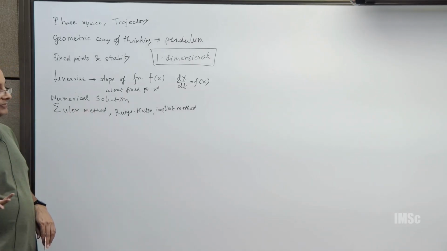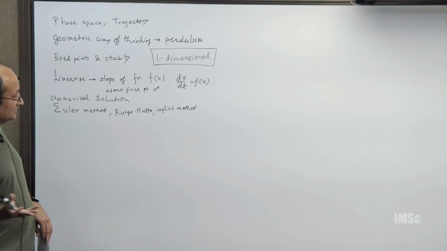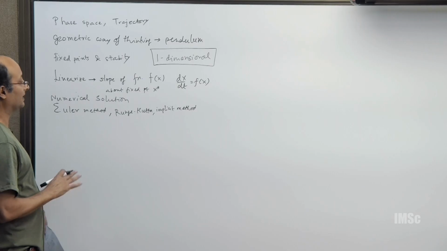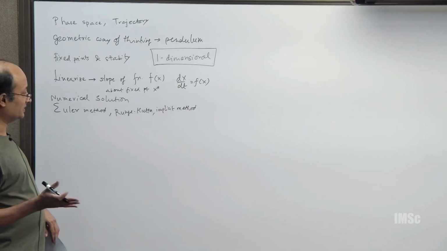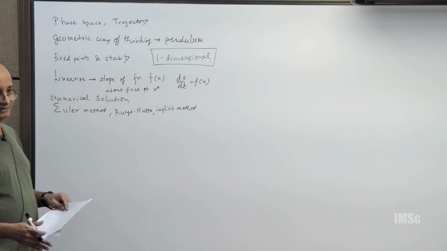And for most practical purposes, you will always have some integrator already built in any of the languages you use. There will be libraries with these numerical solvers. So depending upon your purpose, you might want to choose a stiff solver or an implicit method or something like that.